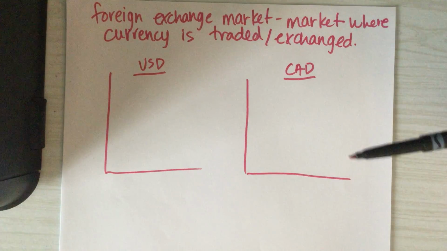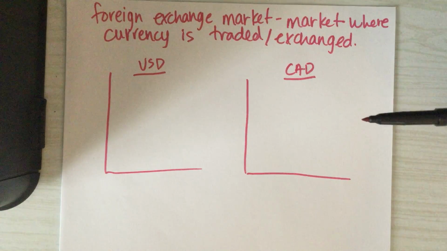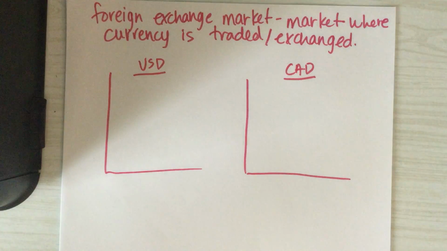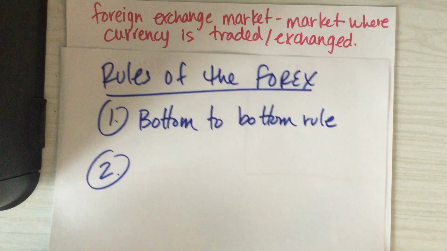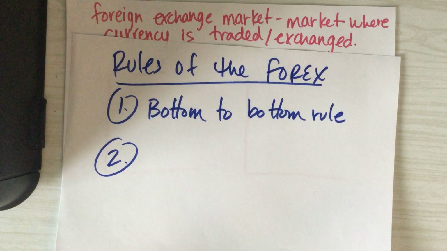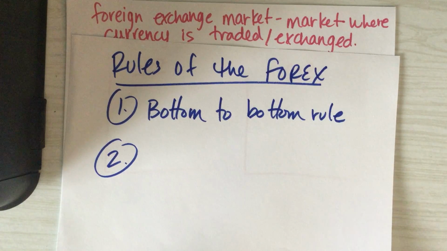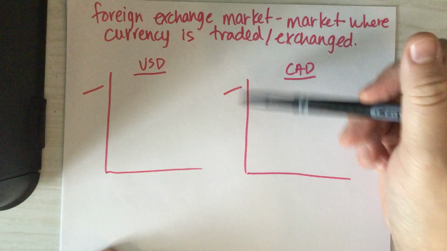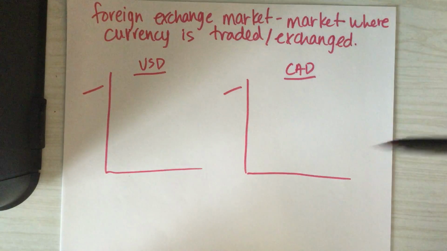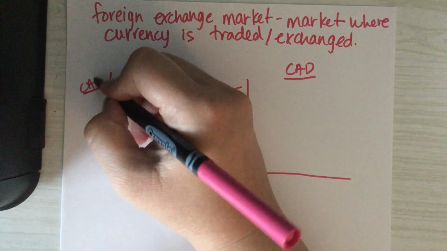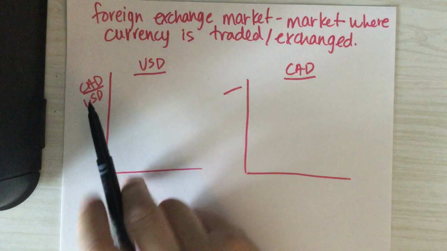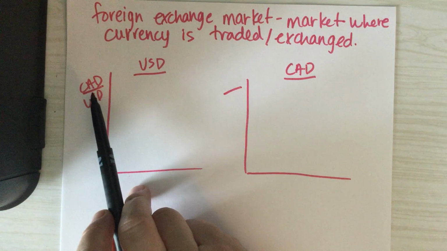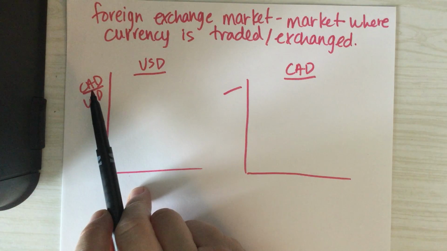There's also a couple of rules that I want you to make note of. In your notes, you should have a section that says rules of the foreign exchange. The first one is called the bottom to bottom rule. On the y-axis, there's going to be some sort of equation, some sort of ratio, because you need to say that for every $1 US that you supply to the market, it's going to be worth some number of Canadian dollars.